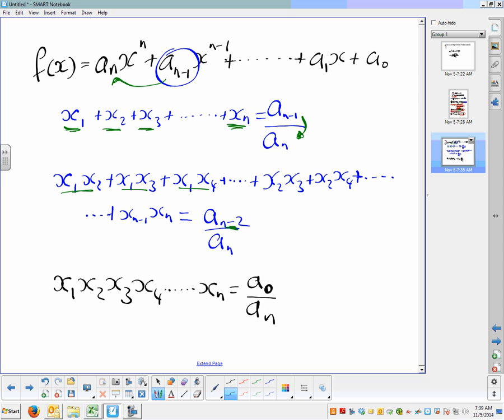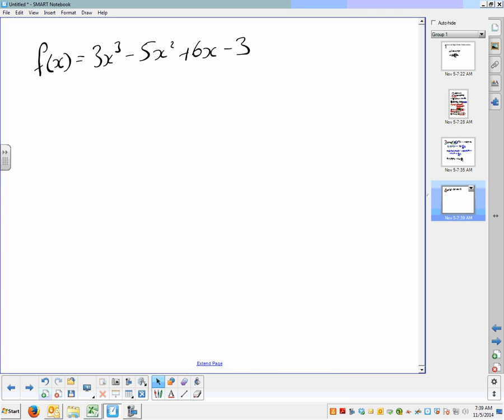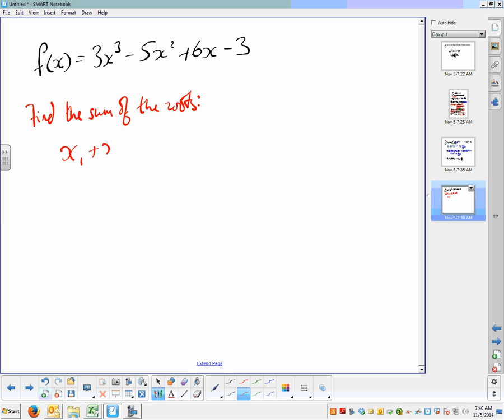Okay, I'm going to do one example, and then you can have a go at a few. Let's say f of x is equal to 3x cubed minus 5x squared plus 6x minus 3. And I want to find the sum of the roots x1 plus x2 plus x3, which would be given by minus b over a.